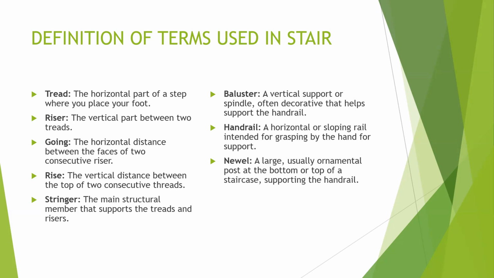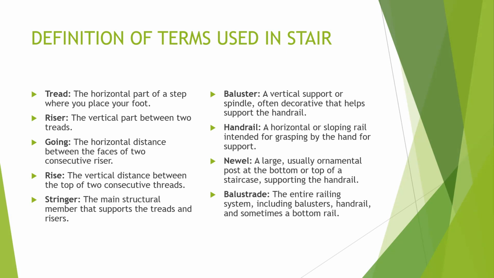It's a large, usually ornamental post at the bottom or top of a staircase. It is always supporting the handrail. That is what the newel is. Okay, so the balustrade now: the entire railing system, including the balusters, the handrail, and sometimes a bottom rail, is what is called a balustrade.